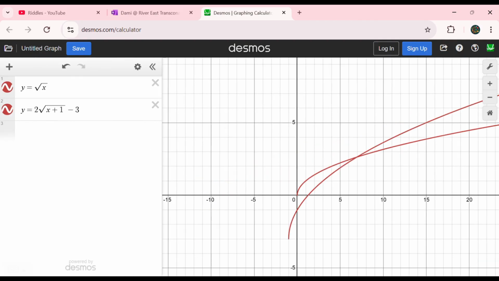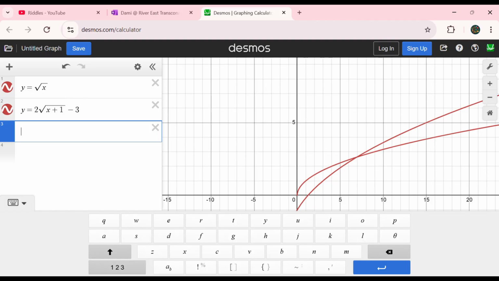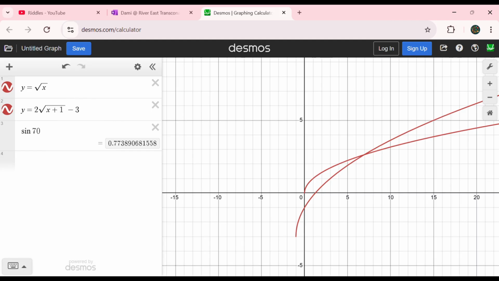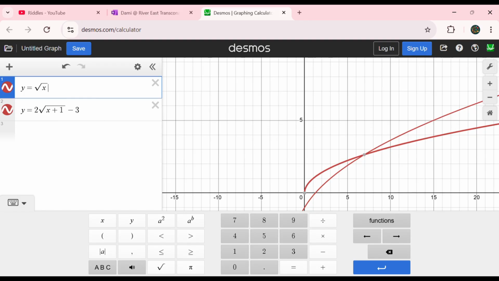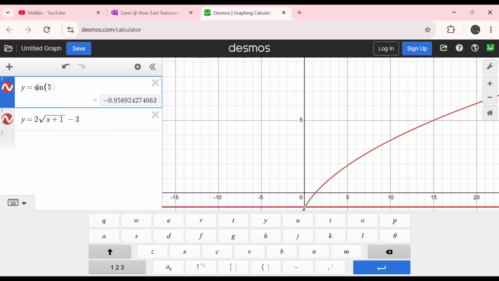The Desmos graphing calculator is also a cool thing to have in your tool belt for solving maths. It can give you any single thing you want. You can even type sine 70 and it will solve that for you. I forgot how to use this for sine. Oh yeah, here we go. Sine 5. Oh, that was my bad.